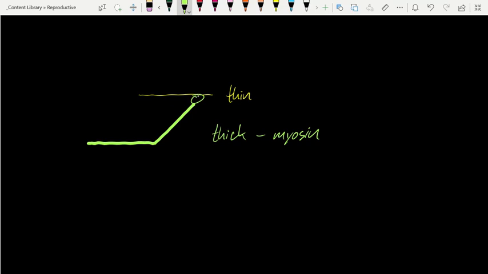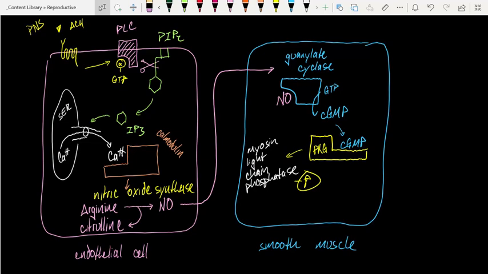However, I can regulate the level of engagement by adding phosphates through myosin light chain kinase, which stiffens the head up and allows it to bind a little bit easier, or by cutting those phosphates off with myosin light chain phosphatase. And that's what we see in this system. So with the activation of myosin light chain phosphatase, we get smooth muscle relaxation, and that leads to vasodilation, allowing increased blood flow through the cavernous chambers of the erectile tissue and stiffening the tissue.